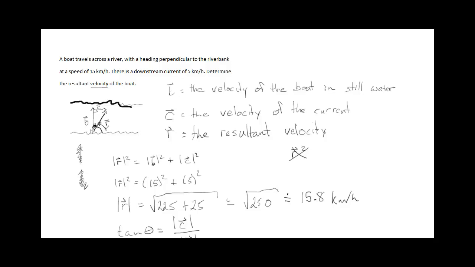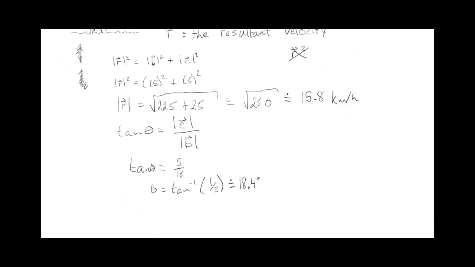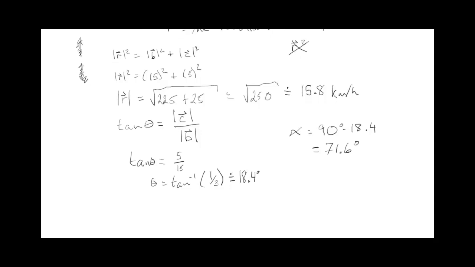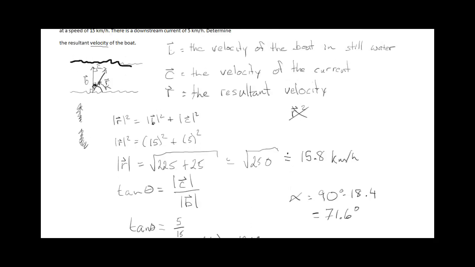So this angle, I'll call it alpha, is going to be 90 minus that. So alpha equals 90 degrees minus 18.4 degrees, which would be equal to 71.6 degrees. So we could say the direction is 71.6 degrees from the riverbank downstream.